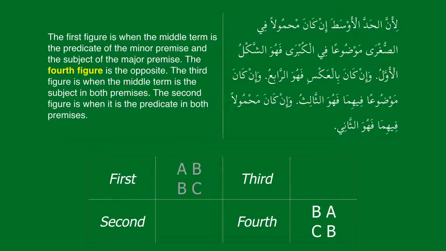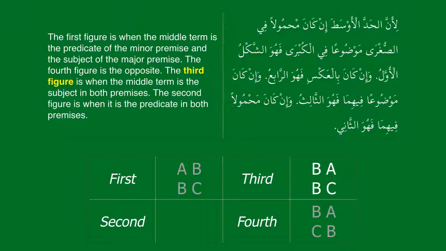The fourth figure is the opposite. So we basically switch the location of the middle term. The middle term, remember, is the term that's common to both premises. And so in the first figure, that term was the predicate of the first premise, subject of the second. In the fourth figure, it's the subject of the first and the predicate of the second. The second figure, or actually the third figure, that's what he does next. In the third figure, the middle term is the subject in both premises, BA, BC.